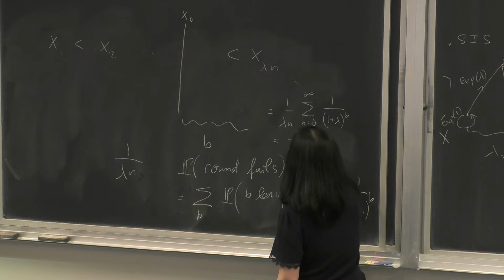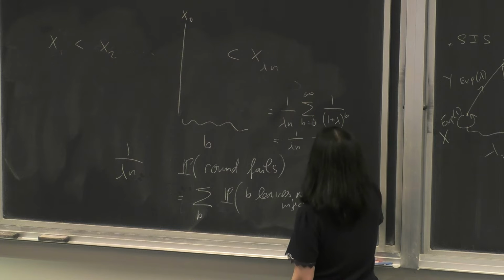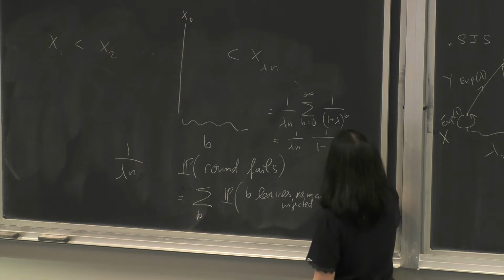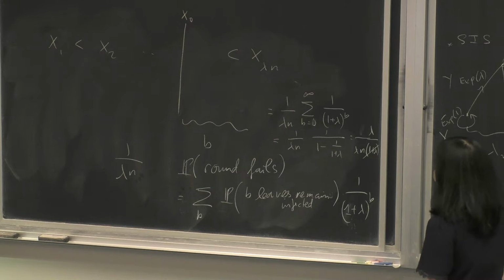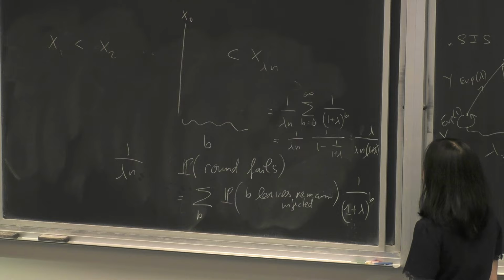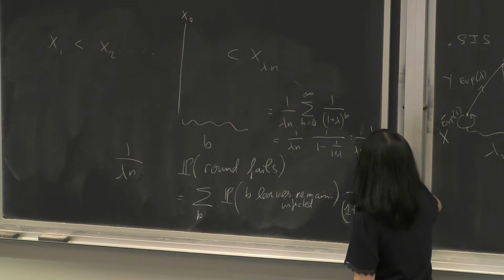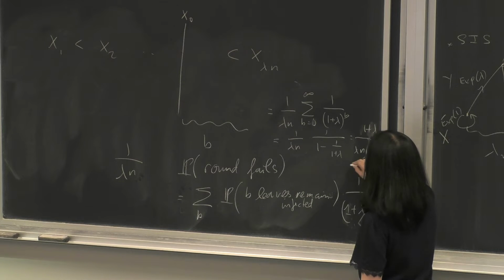And so that's 1 over lambda n, 1 divided by 1 minus 1 over 1 plus lambda. So 1 over lambda n, and then we have lambda over 1 plus lambda, which we can think of as lambda, because we think about lambda as being small. So 1 plus lambda, which we can think about as 1, and then there's a lambda here. So we get 1 over lambda square n.